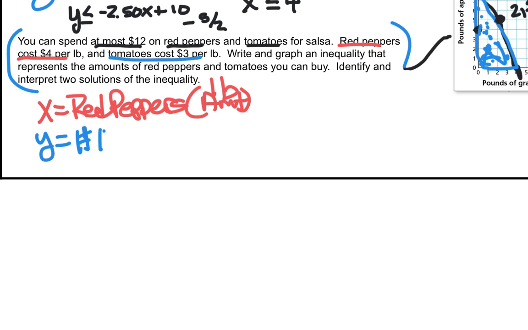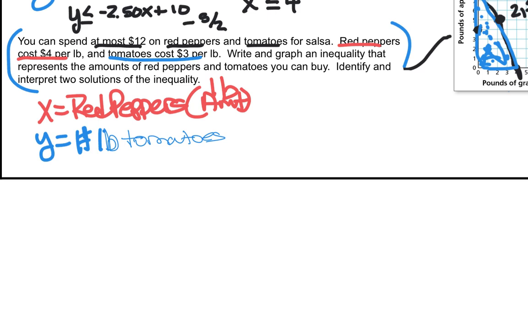of tomatoes. Okay. All right, so let's write our equation.